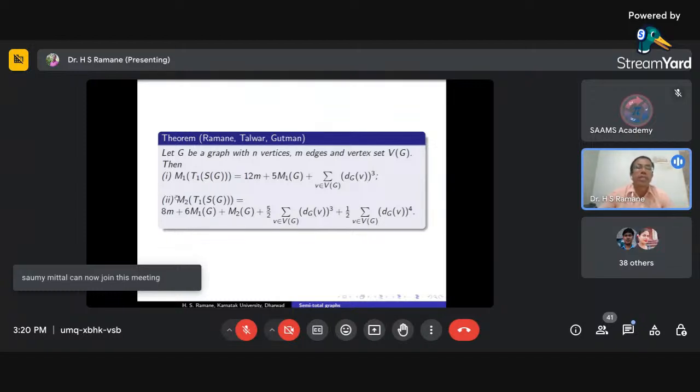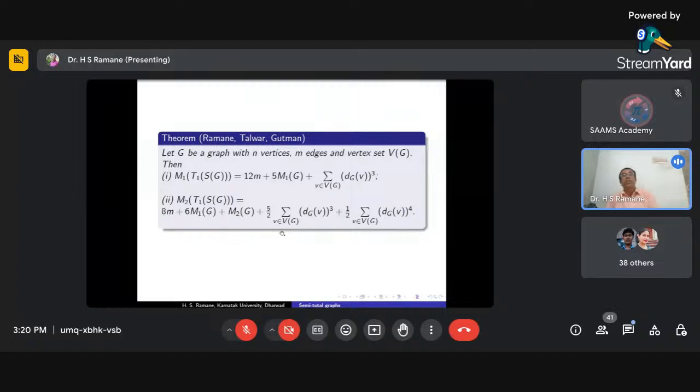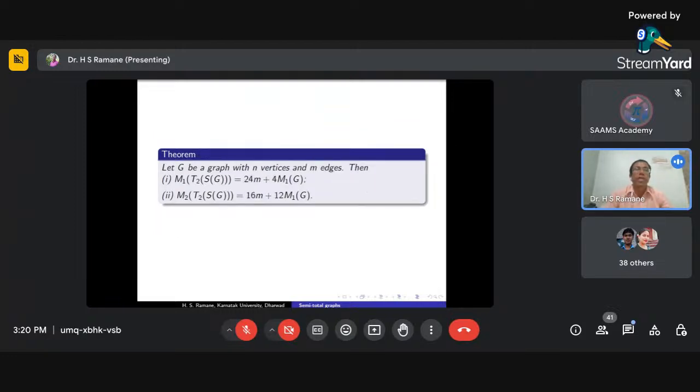The second Zagreb index of the T1 of SG is given by this expression. So if we know the Zagreb indices of G and the degrees of vertices, one can get the Zagreb indices of the semi-total line graph of the subdivision graph and the semi-total point graph of the subdivision graph. Then if G is a graph with n points, the Zagreb indices of the semi-total point graph are given by this.